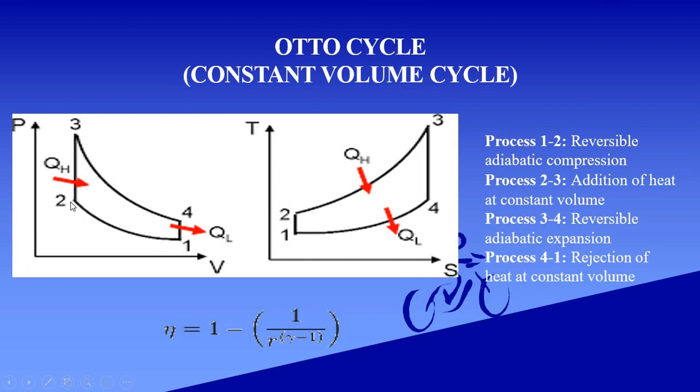In this PV graph, 1 to 2 indicates the stroke volume, and from 2 to this pressure line it indicates the clearance volume. Okay. So now you know clearly about this PV and TS diagram.